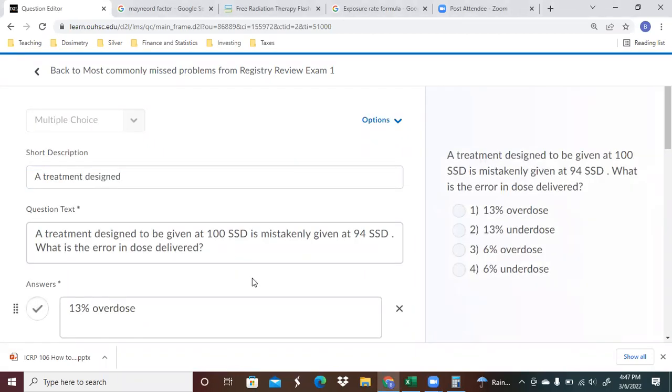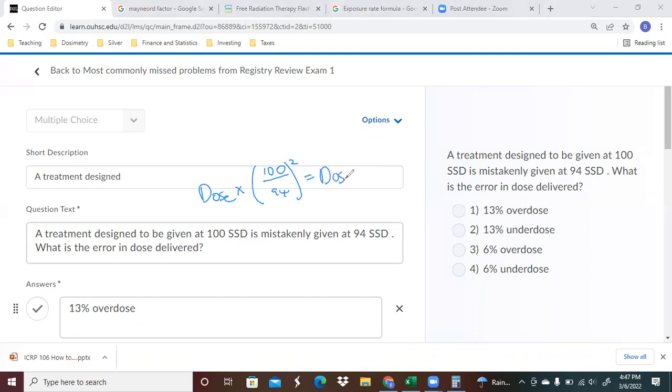So treatment designed to be given at 100 SSD is mistakenly given at 94. What is the error in dose? This is going to be a problem concerning the inverse square law. The inverse square law is, whatever dose you're delivering here is going to be changed due to how close you are to the target. In this particular case, since you are closer than what it was planned for, this is what you're going to end up with.